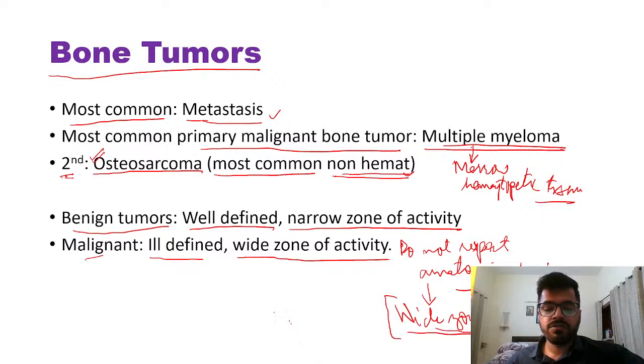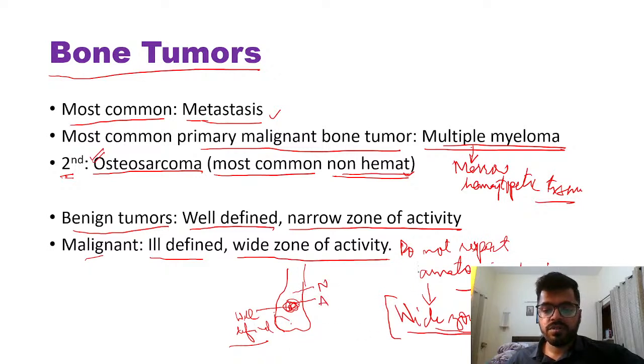For example, if this is a distal femur and here we have a benign tumor, it is well defined, and there is narrow zone of transition, like this is the abnormal tissue inside and this is the normal tissue.